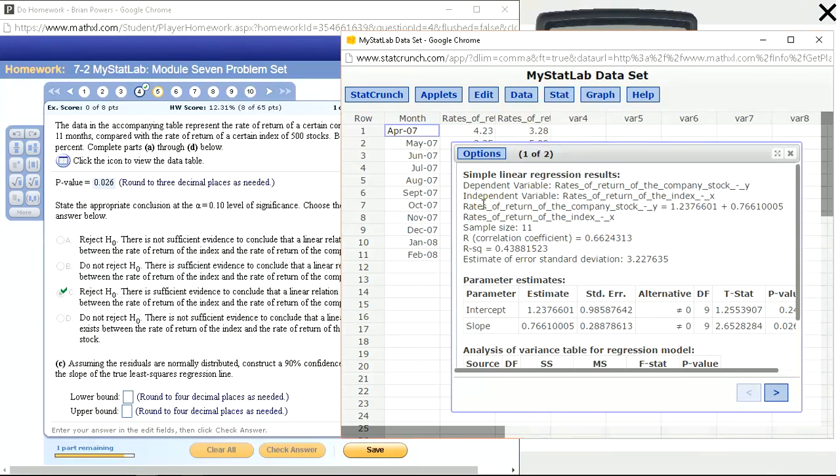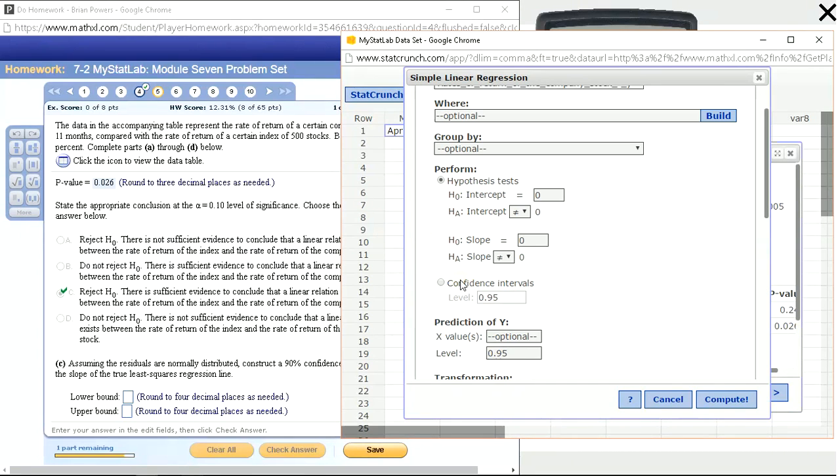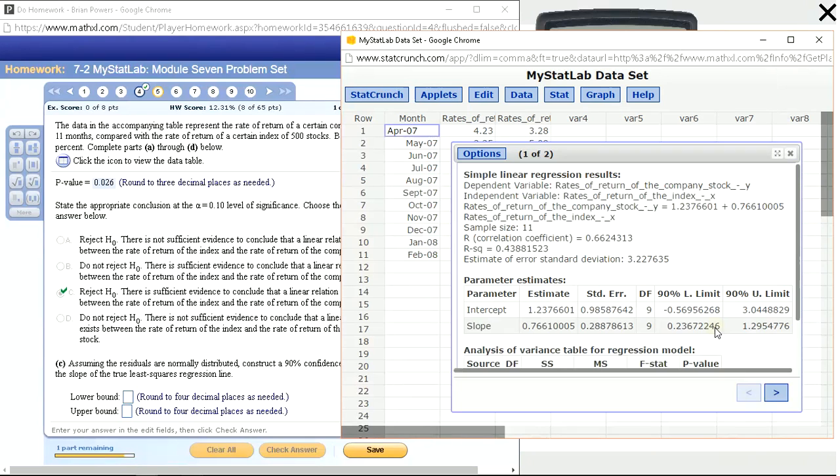Now, when we were running the linear regression, we had the option of either doing a hypothesis test or performing confidence intervals. So I'm going to construct confidence intervals, and I'm going to do it at a 90% level. What that's going to do, instead of giving us p-values for the intercept and the slope, it's giving us a confidence interval for the estimates. Look at that. That's beautiful.